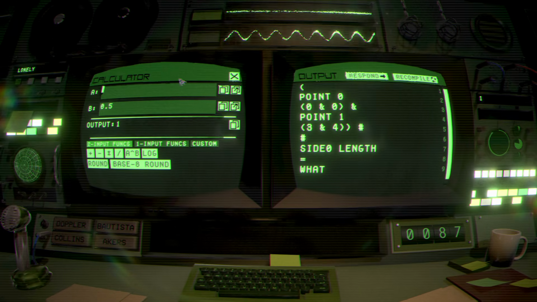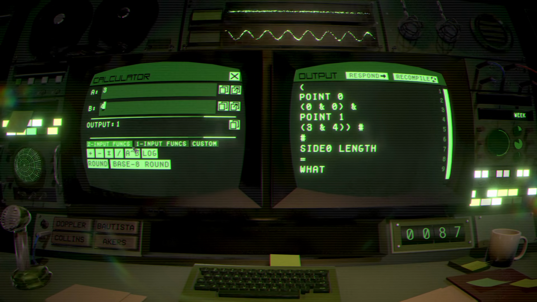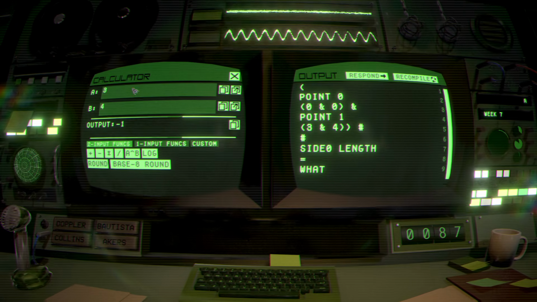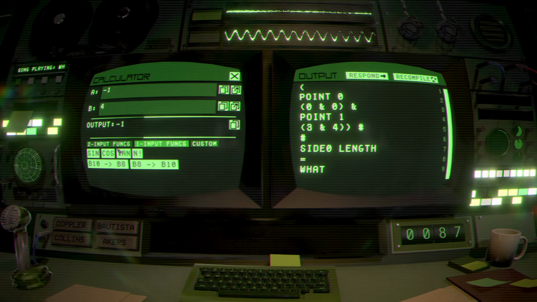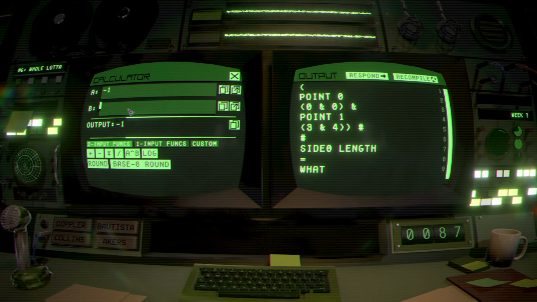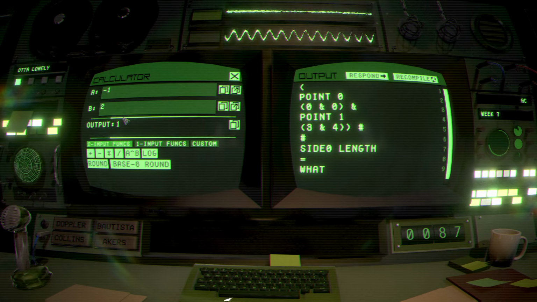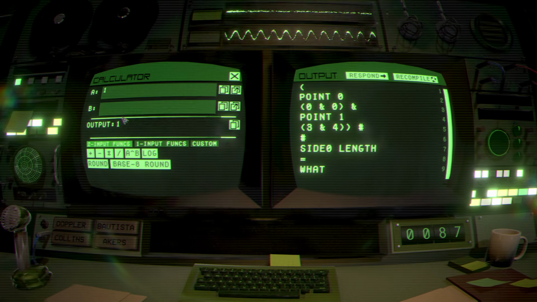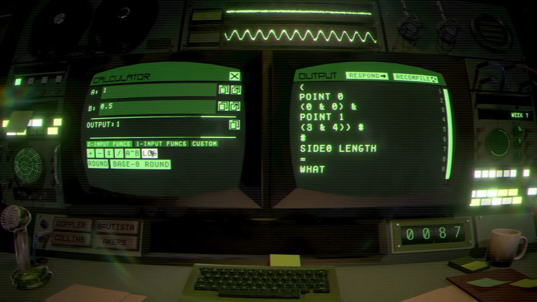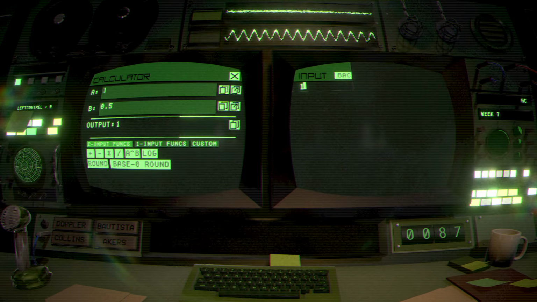Because it's 3 minus 4, you have -1. Squared. Square root 1 is 1.